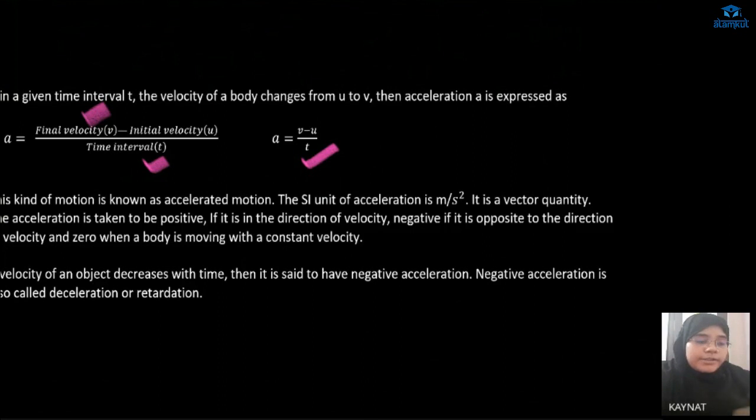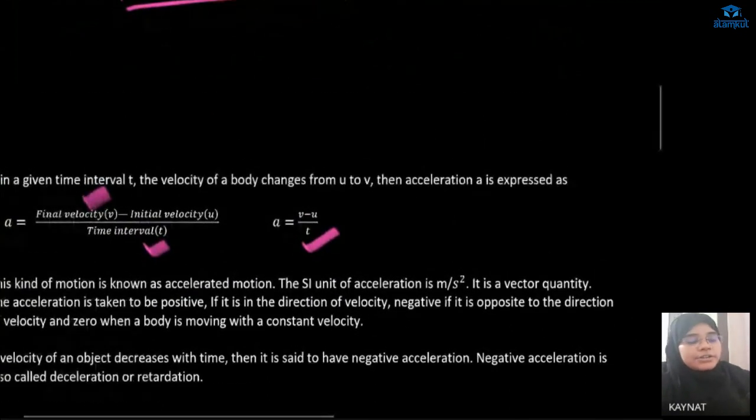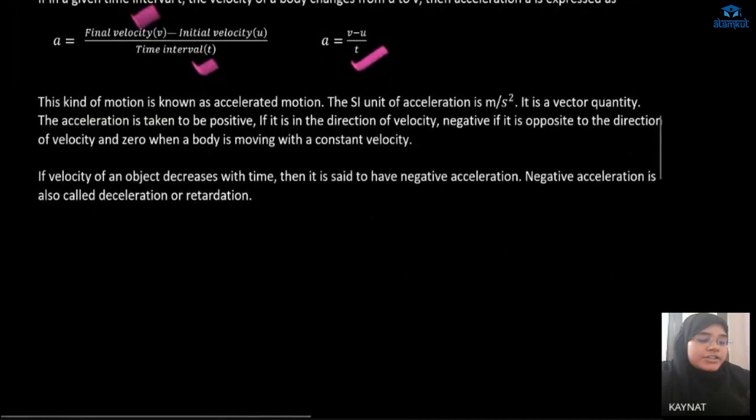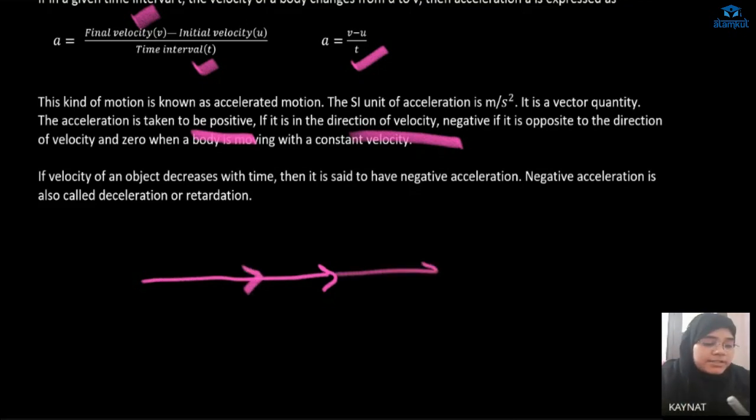It is a vector quantity because velocity is a vector quantity. We all know velocity is a vector quantity. That is why acceleration is also a vector quantity. Acceleration is taken as positive if it is in the direction of velocity. If the body is going in this direction and has got accelerated in this direction only, meaning its velocity is increasing, then acceleration would be positive.